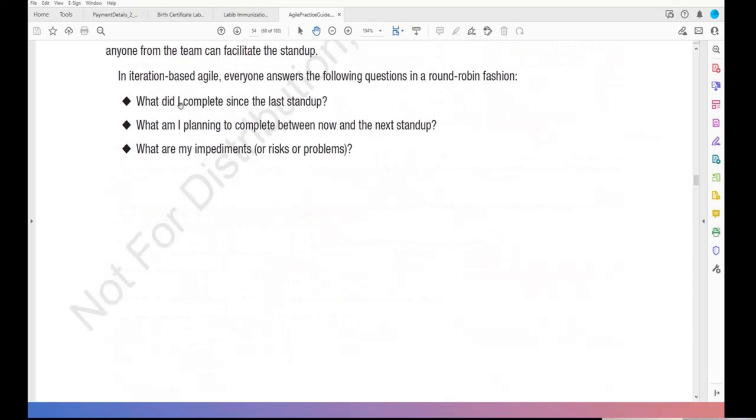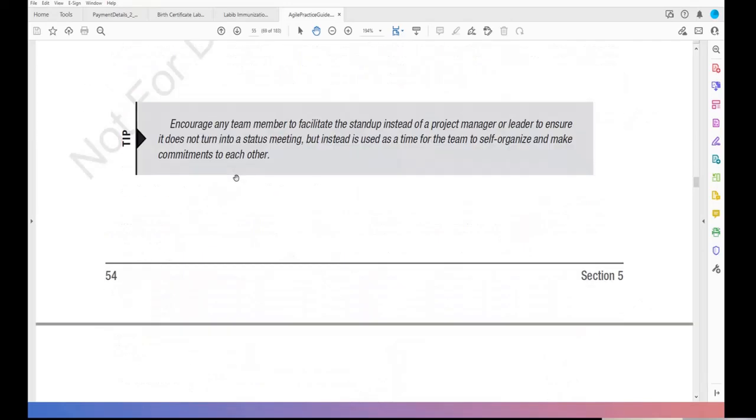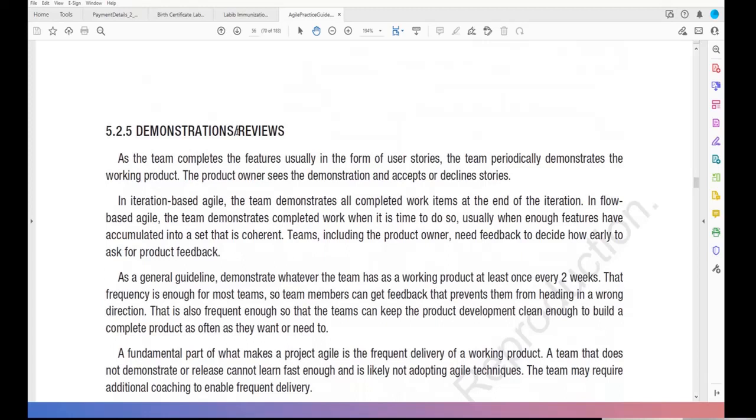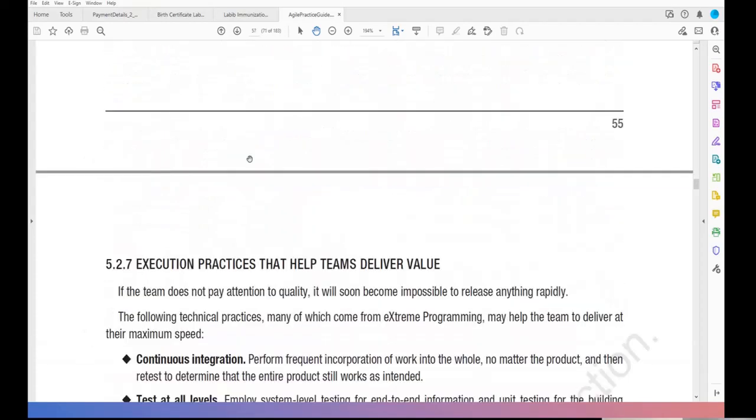These are the questions: What did I complete since the last stand-up? What am I planning? What are the impediments? Then demonstration. That means sprint review. They also call it demonstration.